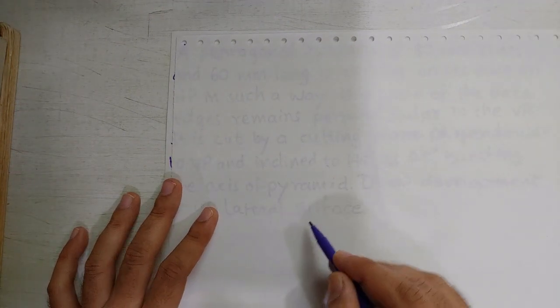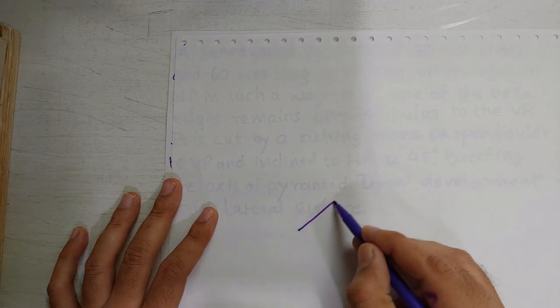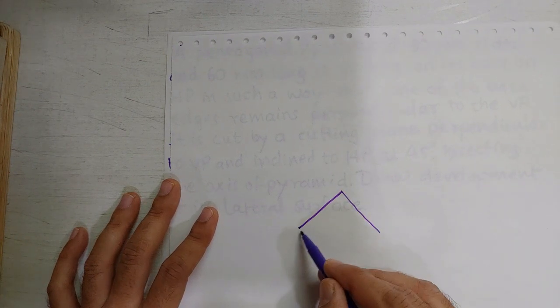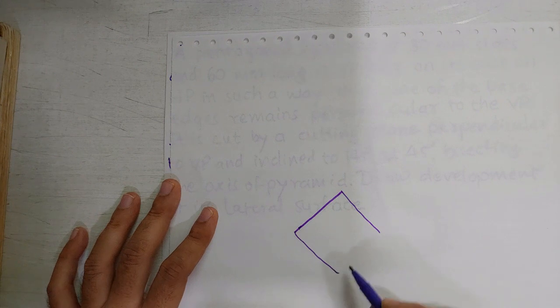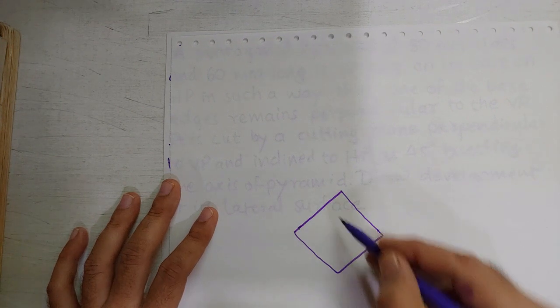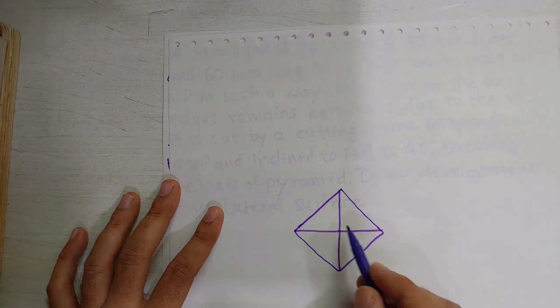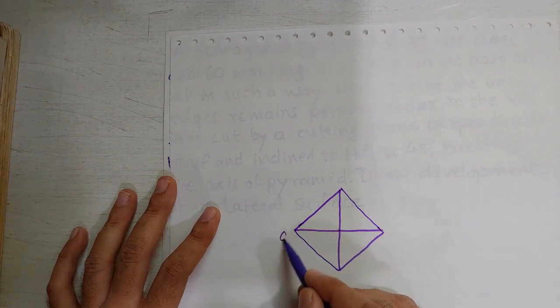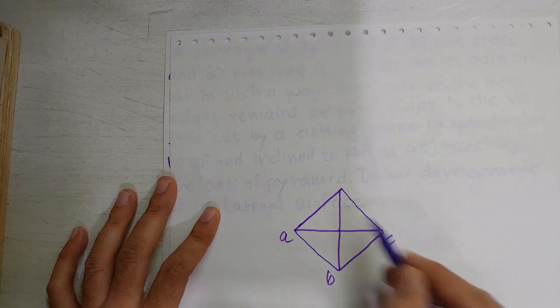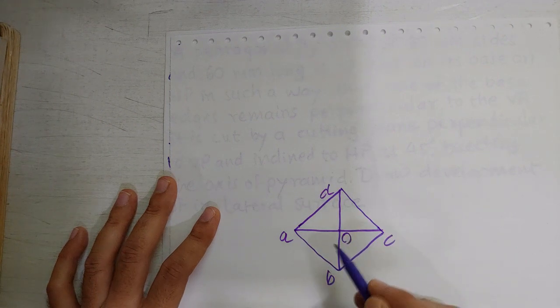Let's say it is a square pyramid and this is the given position, so you will draw the square shape in the top view. You will find the center of the square, that gives you the apex, and let's say we give notations like this, and this is point O.